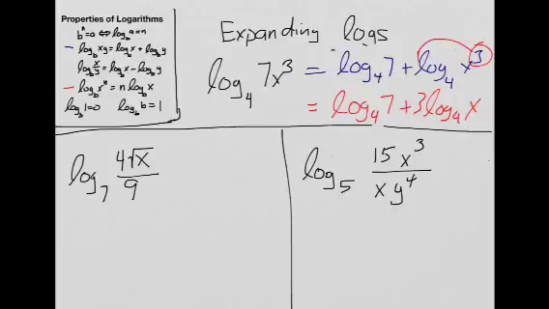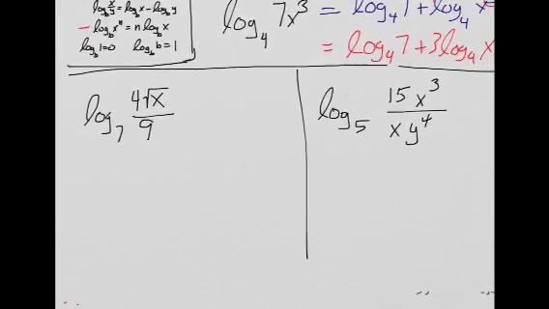As I go to this next example, again, I'm going to first take care of this division. So I'm going to make this the log base 7 of 4 times the square root of x, not plus, minus the log base 7 of 9.